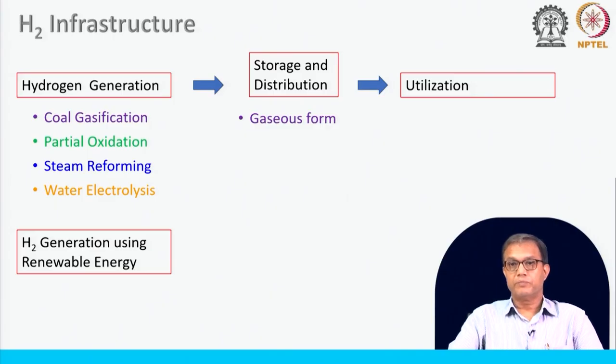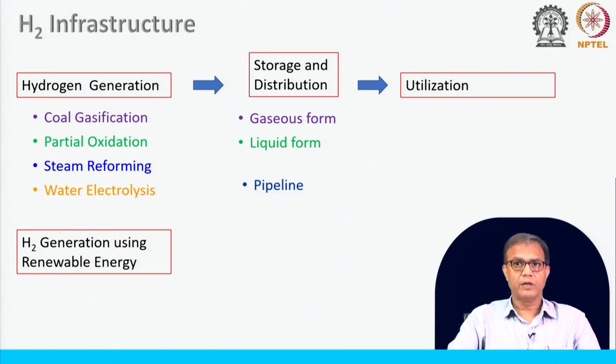As we have learned, hydrogen is the lightest element, and obviously we have to compress it to densify it, to increase its density, and then you can transfer it by pipeline. But the other option is to liquefy it, and when we liquefy hydrogen, its boiling point would be in the cryogenic domain.